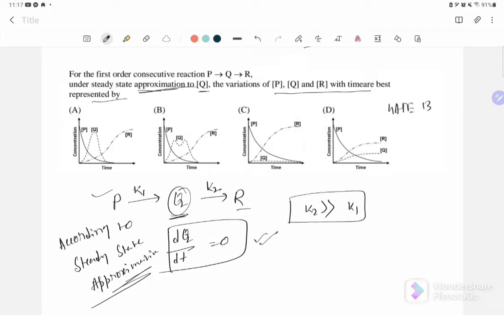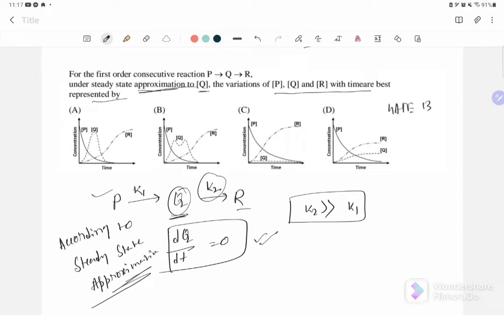That case only, P produces Q and Q produces R, but if k2 is much faster than k1, then some amount of Q is produced and after that, in very little time, that Q will be converted to R.